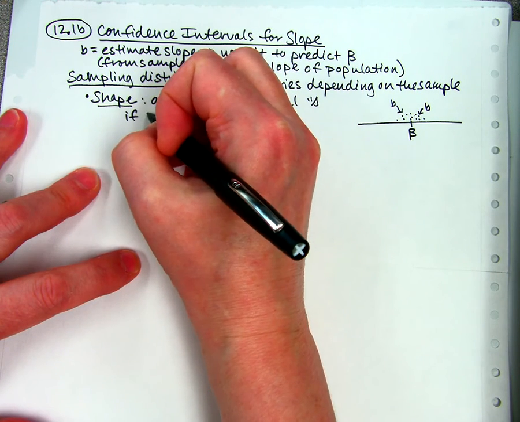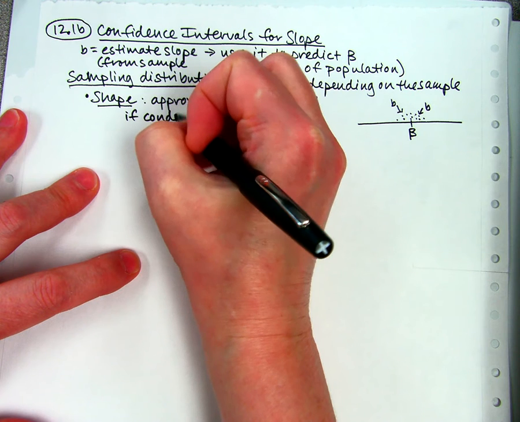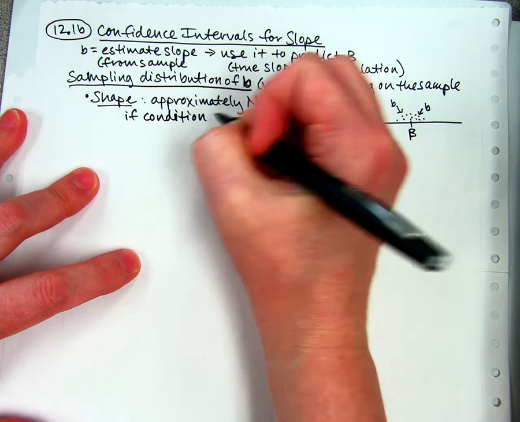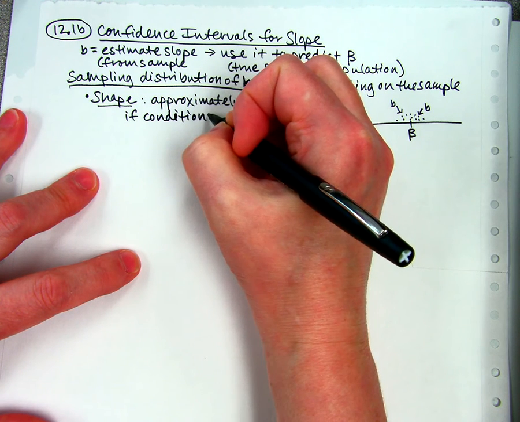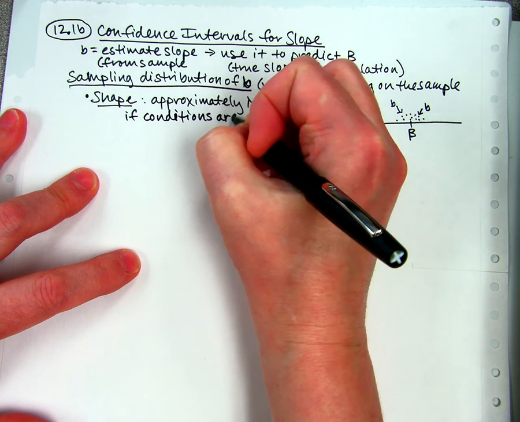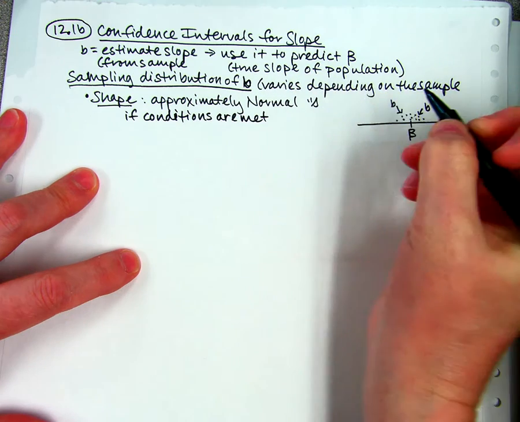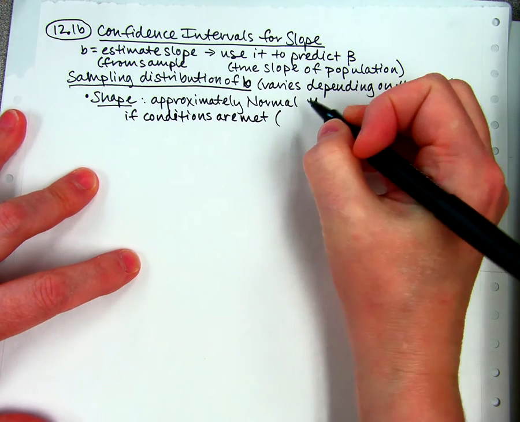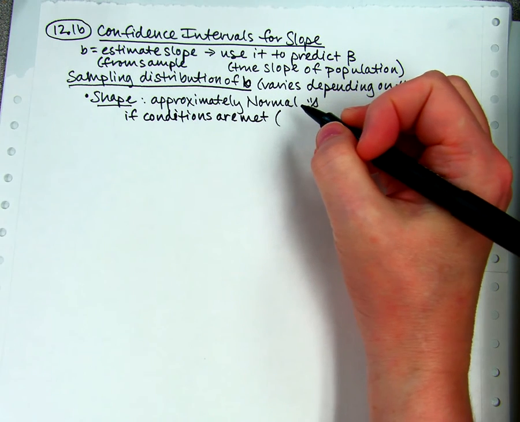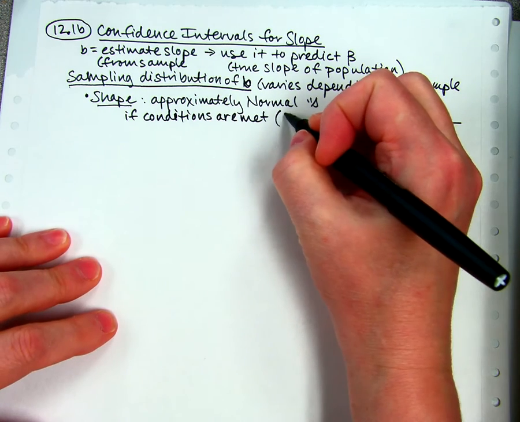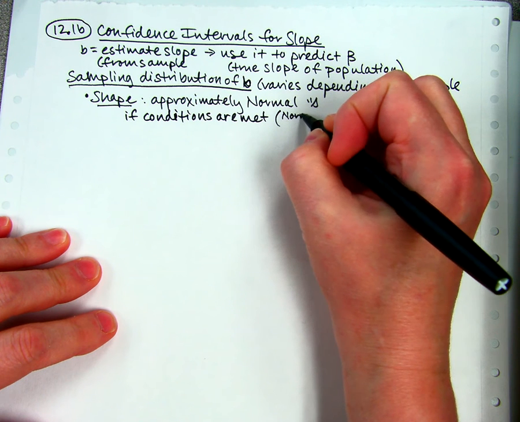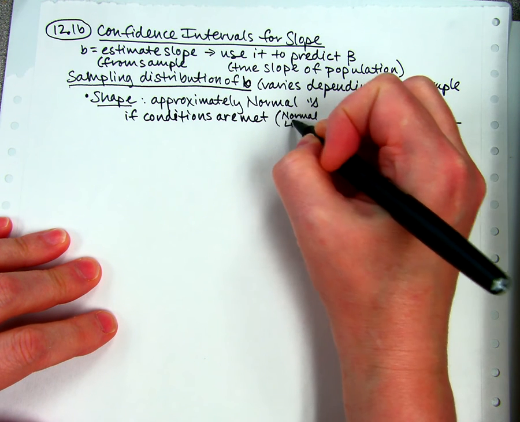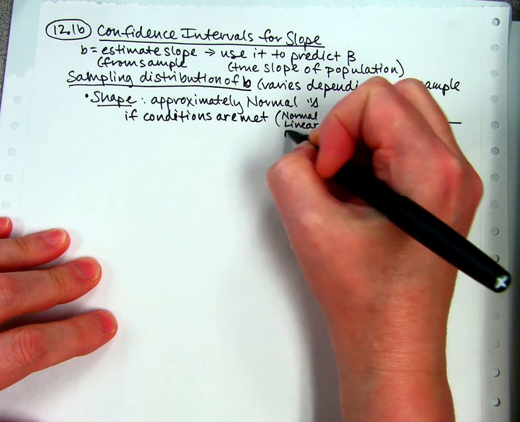Remember we talked about conditions and there were 5 of them? There were 3 conditions that you have to look at the graph to check. So if those particular 3 conditions are met, that would be the normal condition, well, that's logical, and the linear condition, and the equal variance condition.